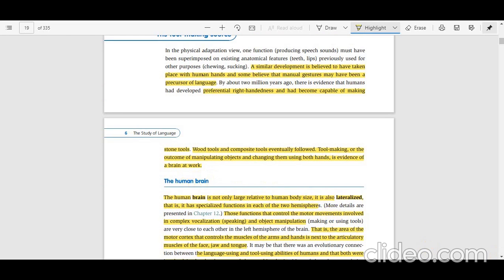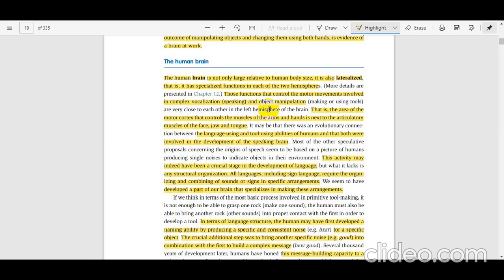But to have more detailed information, you may go to chapter 12 and read all about how the human brain is divided into hemispheres and how each hemisphere is responsible for the conception of speech or the comprehension of speech, as well as the production of speech.